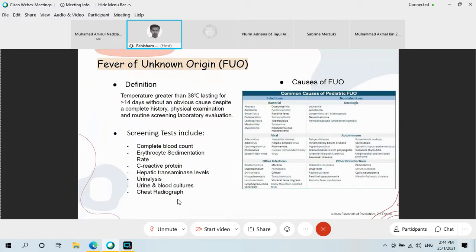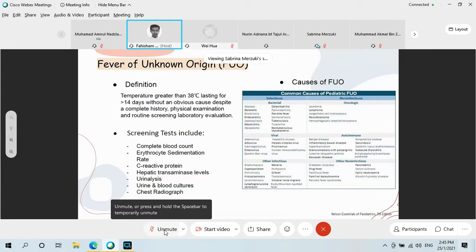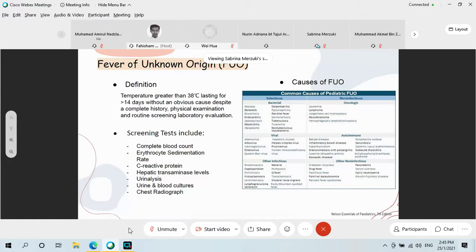Pyelonephritis. Those at risk. Kidney problem. Okay. Which children who have pyelonephritis? UTI problem. Not directly. Who's at risk of pyelonephritis? No, not really.